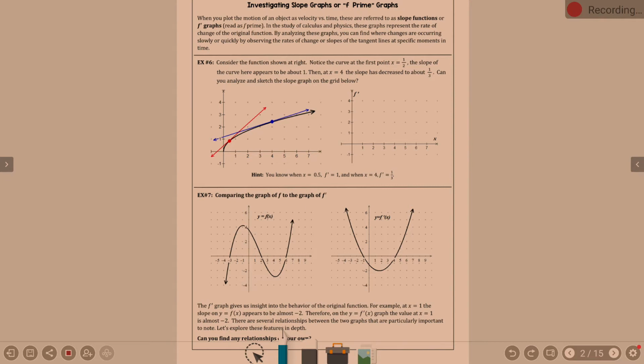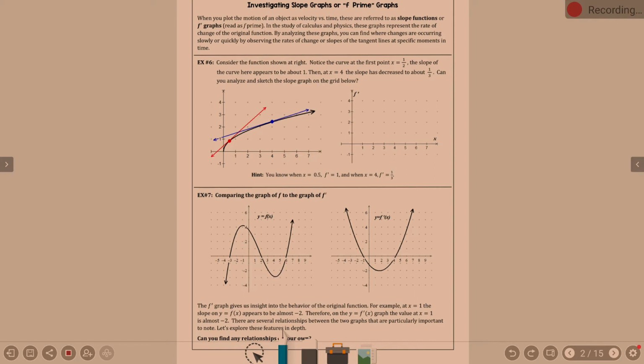When you plot the motion of an object as velocity versus time, these are referred to as slope functions, or F prime graphs. In the study of calculus and physics, these graphs represent the rate of change of the original function. By analyzing these graphs, you can find where changes are occurring slowly or quickly by observing the rates of change, or slopes of the tangent lines, at specific moments in time.